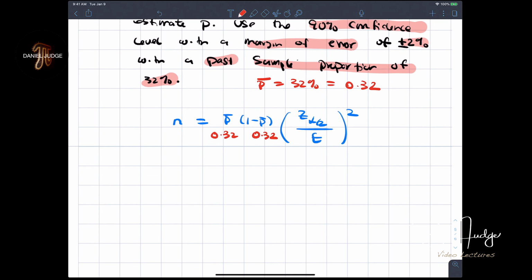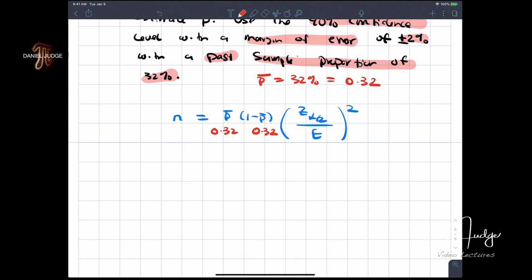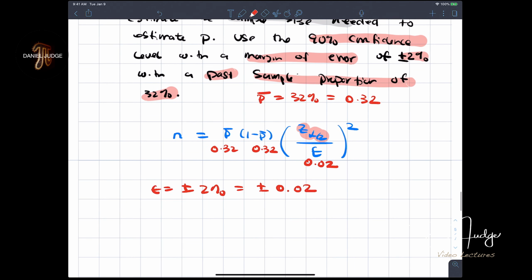My margin of error, I've got to know what that is. You say, okay, what's the error? The error is plus or minus 2%. Well, how do we write that as a decimal? That's 0.02. So this down here is 0.02. And then we need to know, what is z alpha over 2 with the 90% confidence?